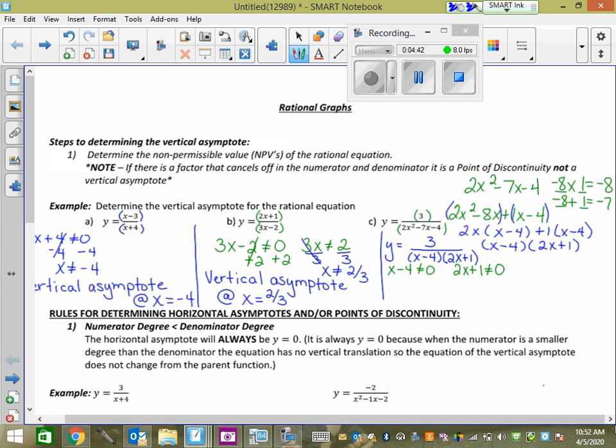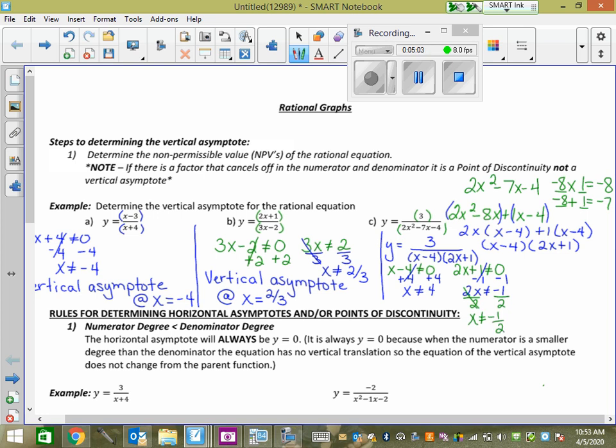For x minus 4 cannot equal 0, I'm going to add the 4 over. So I get x cannot equal 4. And then 2x plus 1, I'm going to subtract the 1 over. So I get 2x cannot equal negative 1. And then I'm going to divide by 2 to get x by itself. So x cannot equal negative 1/2.